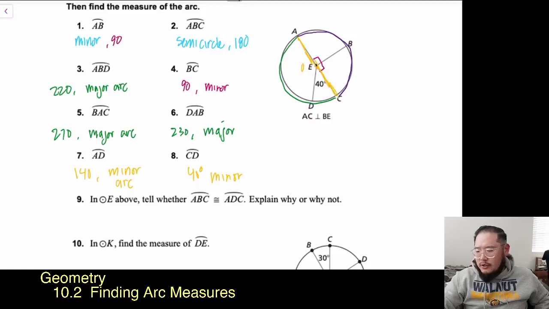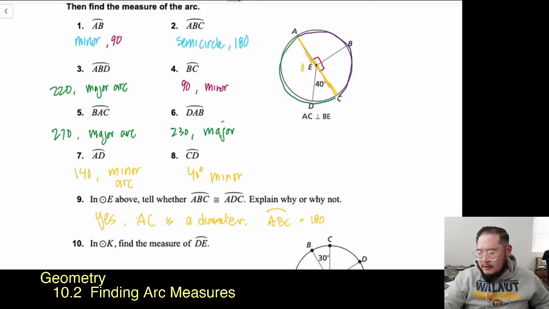So they are congruent, yes. But why? Because first off, segment AC is a diameter. And why is that important? Because that makes arc ABC equal to 180, and the measure of arc ADC is also equal to 180.